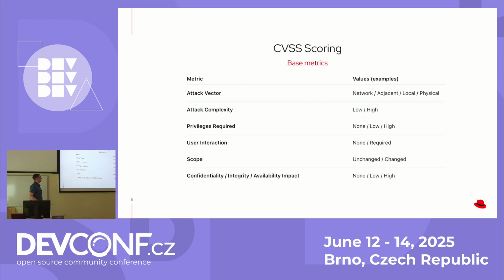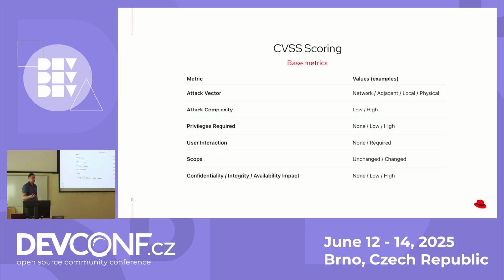Just to give you an idea of how this goes. For the base scoring, what's important is, like, the attack vector, right? Can this vulnerability be exploited using the network, or does someone need to have physical access to the machine to do something? Those are two very different things. Is the perceived complexity of this vulnerability low or high?